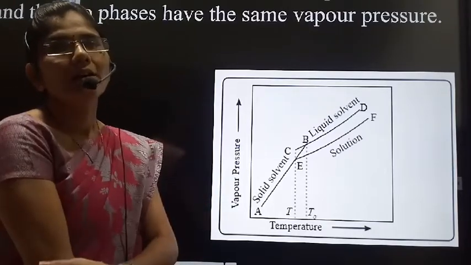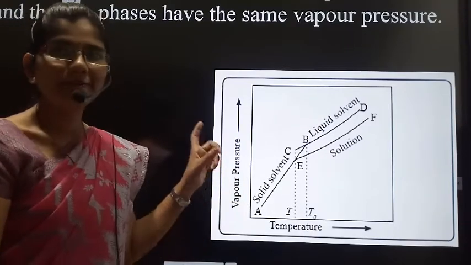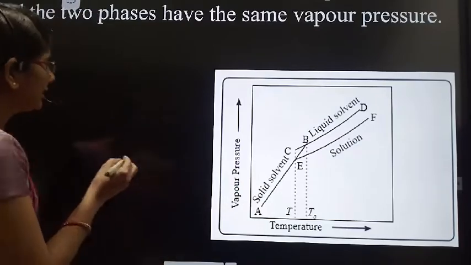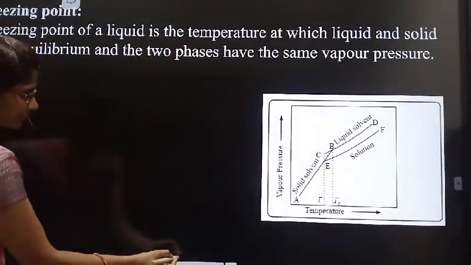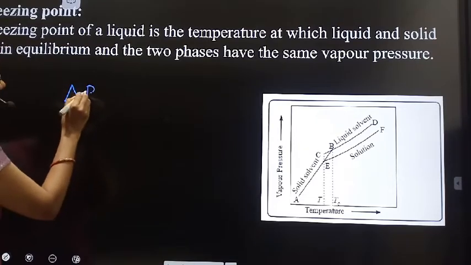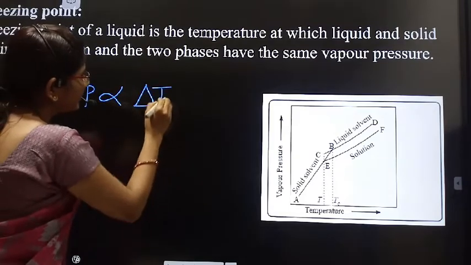In the depression in freezing point, from this graph we have to prove that delta P is directly proportional to delta TF.